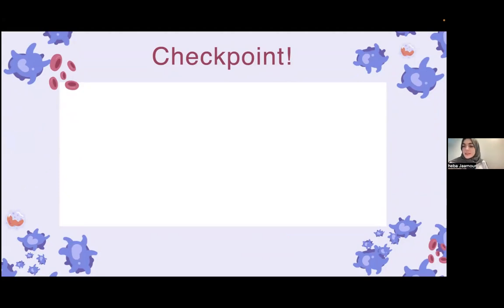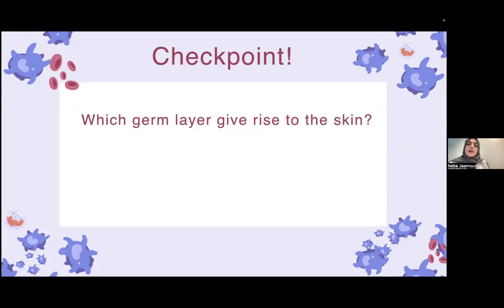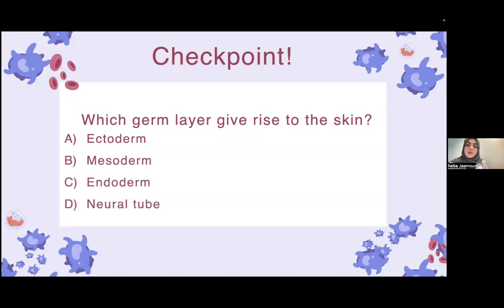Okay, since you guys have no questions, I have a question for you. Which germ layer gives rise to the skin? The ectoderm, the mesoderm, the endoderm, or the neural tube? Would anyone want to answer? The ectoderm. Exactly. Thank you very much.